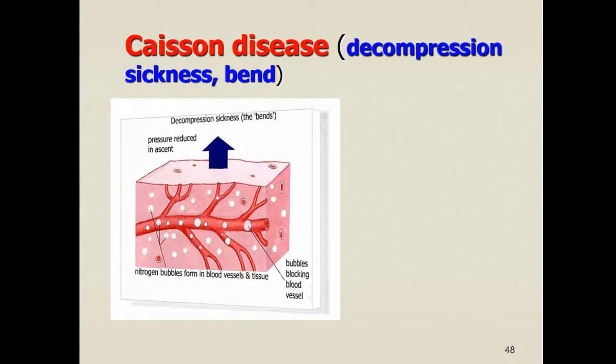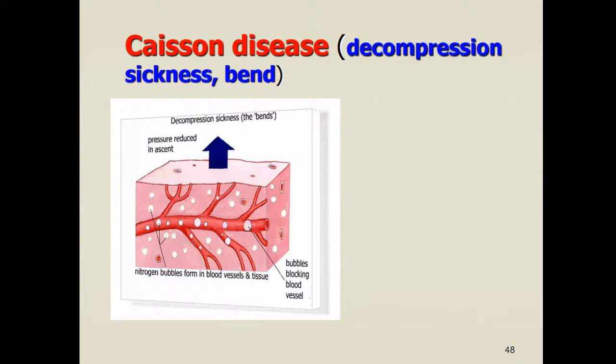But if deep sea divers return rising too fast, the lungs don't have enough time to separate the extra dissolved nitrogen from the blood. Nitrogen is always present in the blood, dissolved, but at higher concentration below sea level.